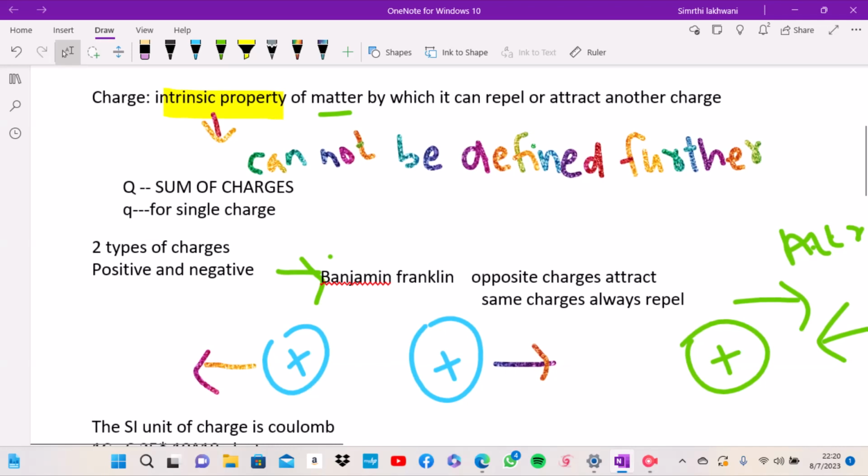Now we have two types of charges, right? These are not really types, these are two natures of charges. The first is positive and the second is negative, which were first given by Benjamin Franklin. And we all know that opposite charges always attract.